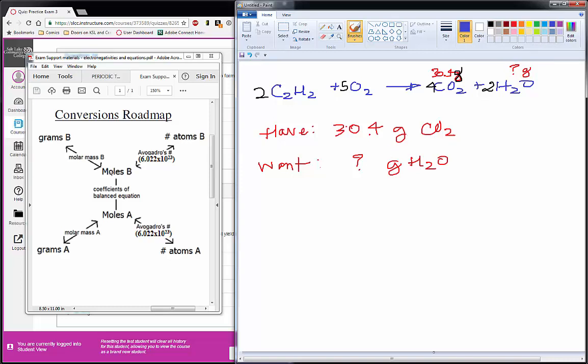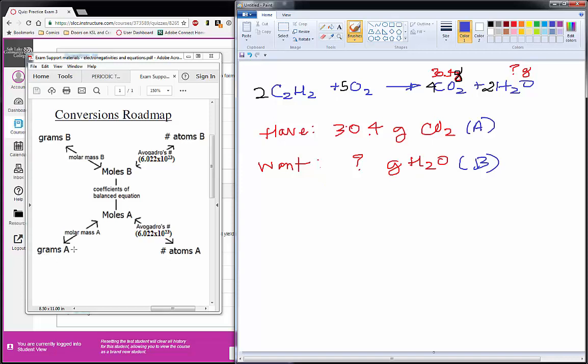So if I look at the roadmap, where do I have grams? Grams and grams. I have grams of A and grams of B. What's A and B? It's just a stand-in for anything. So grams of any one thing and then grams of any different thing because A is different from B. I'm going to say CO2 is my A and H2O is my B. So they gave me grams of A and I want grams of B. I'm starting here.